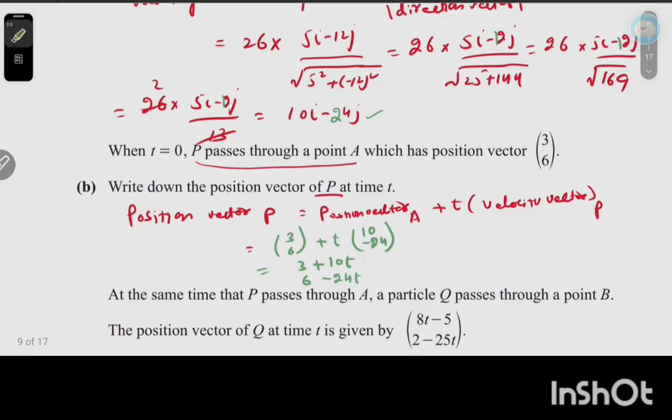This is our position vector for the second part.